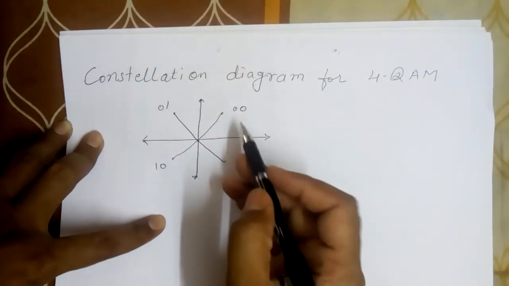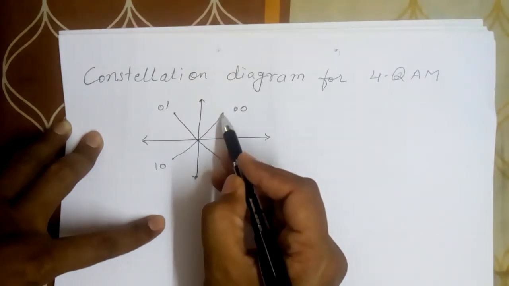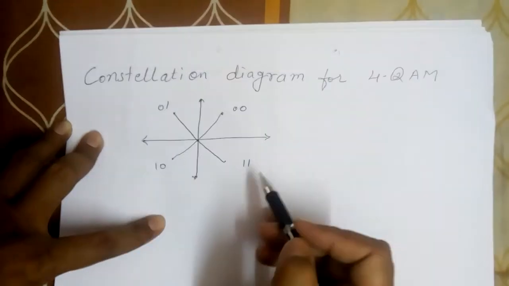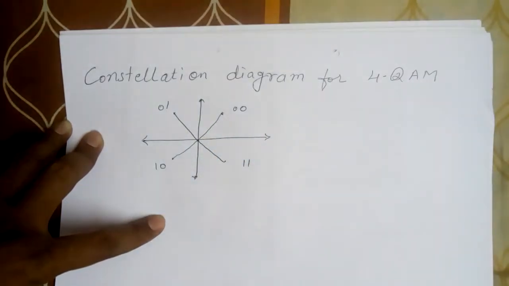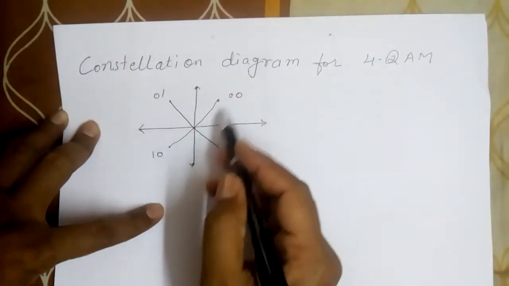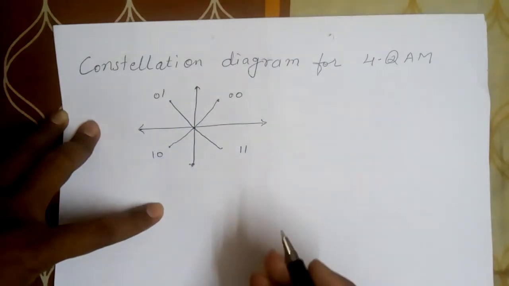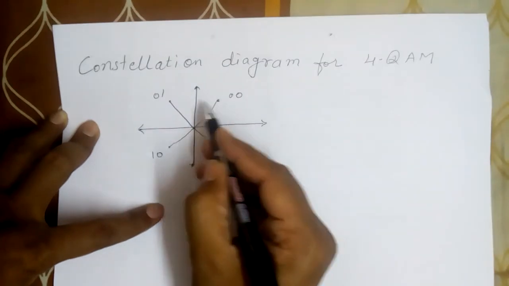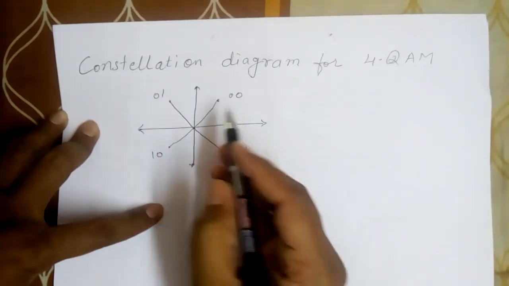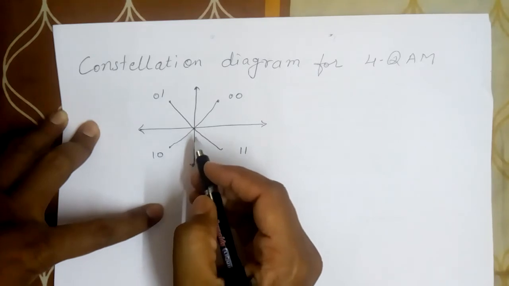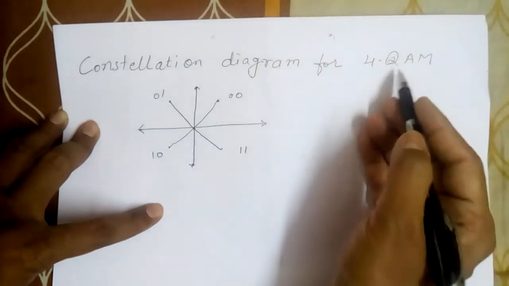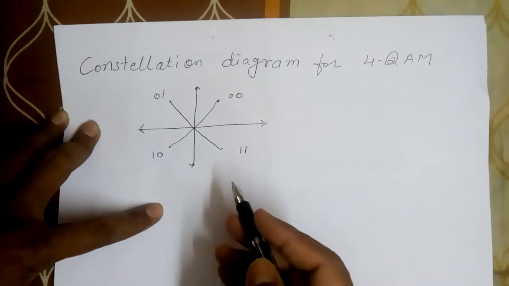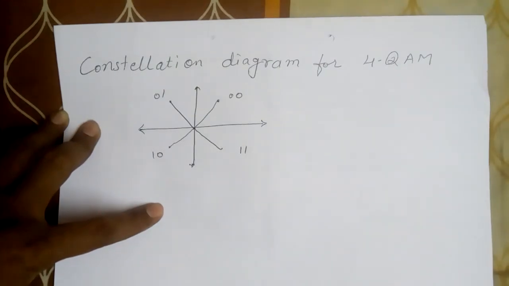There are four different phases for different signals, but the amplitude of these signals are same. So we can say that the 4QAM is equivalent to 4QPSK system.